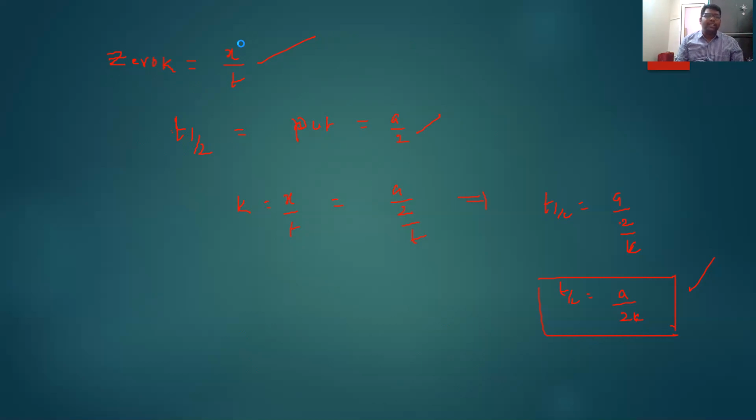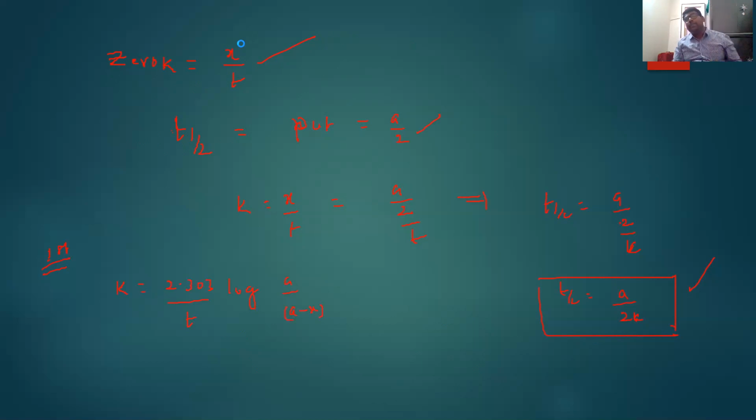Next, the first order reaction. The general equation for the first order reaction is K is equal to 2.303 by t into log of a by a minus x.